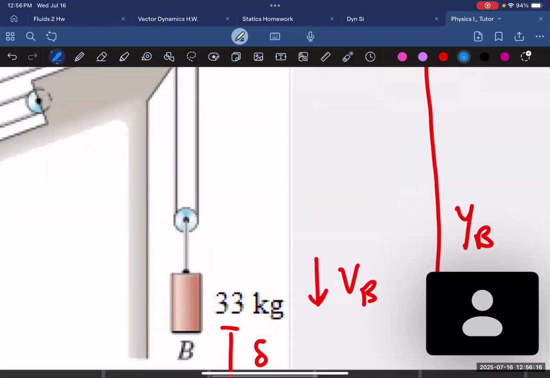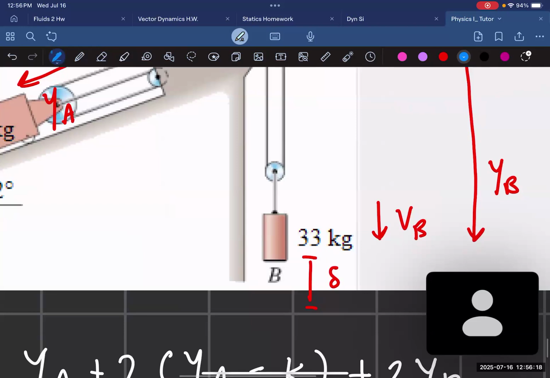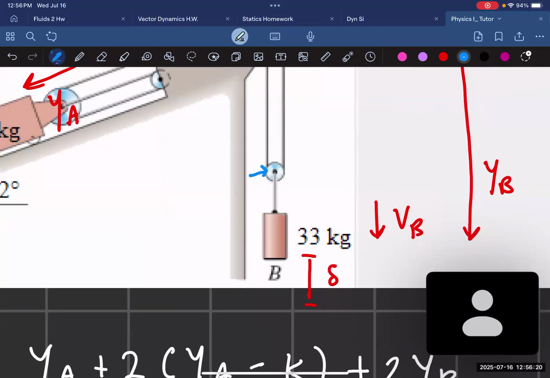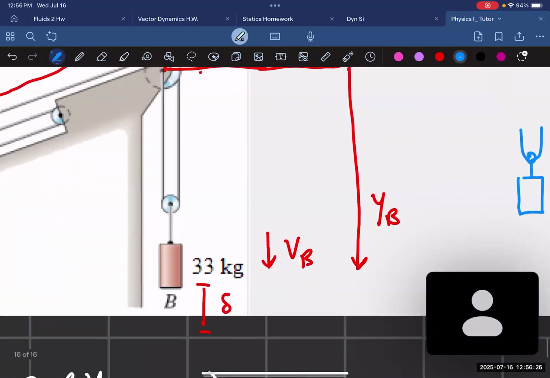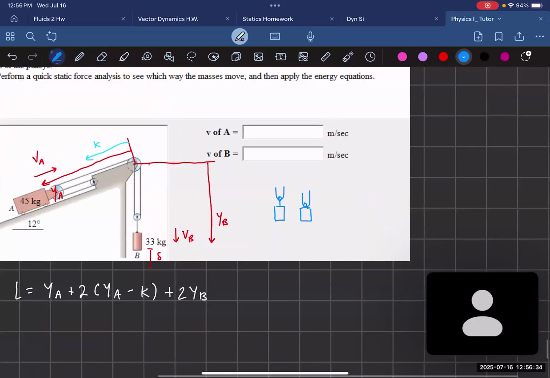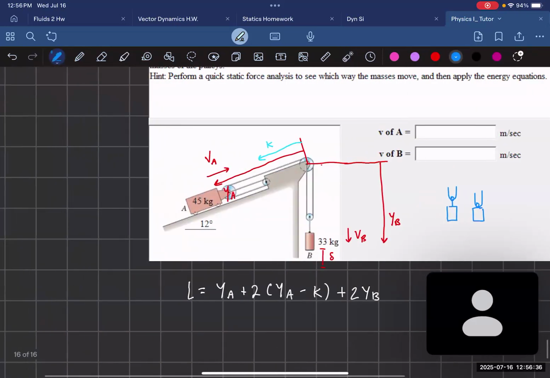And you can verify by making a free body diagram for this pulley right here. So for this problem, I'm just treating this setup as if the pulley was attached to the box. Right, so this is our constraint equation.